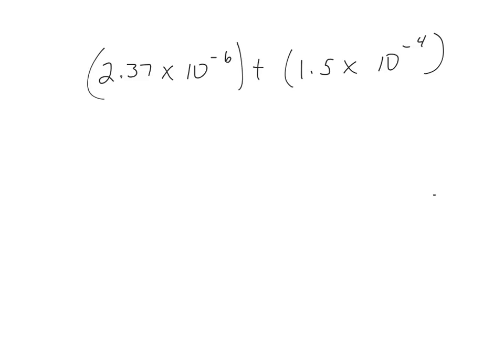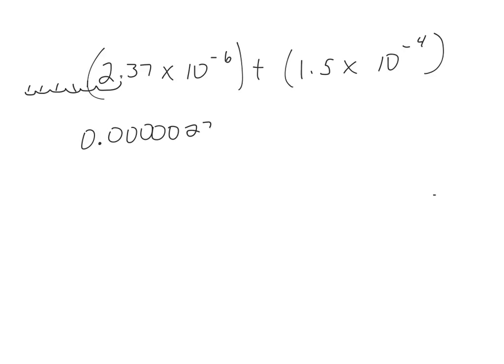Okay? So we'll take the first one again, put it in standard notation, sorry, by moving it backwards this time 6 spots. Okay? So I have my decimal point, and then 1, 2, 3, 4, 5 zeros.